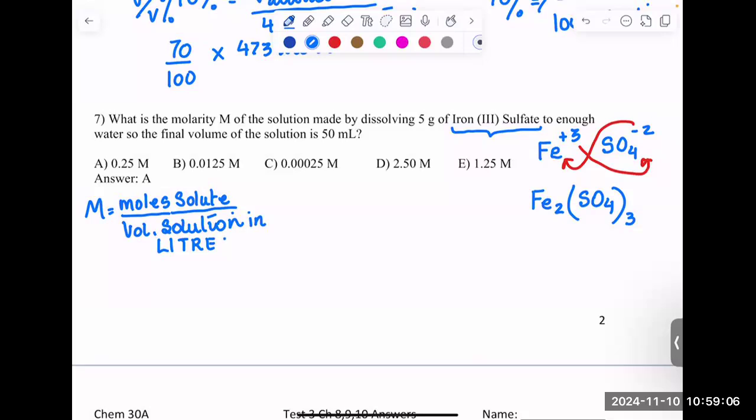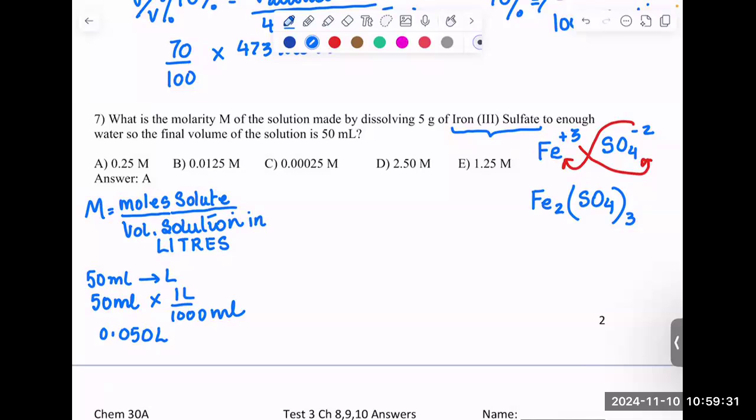So there are a few things you're going to do here. The final volume of the solution is given as 50 ml. Convert the 50 ml to liters: 50 ml times 1 liter over 1000 milliliters, and this becomes 0.050 liters. So this is the volume you will use.